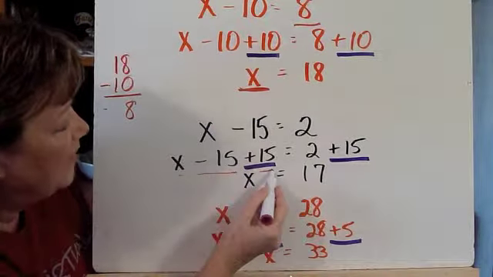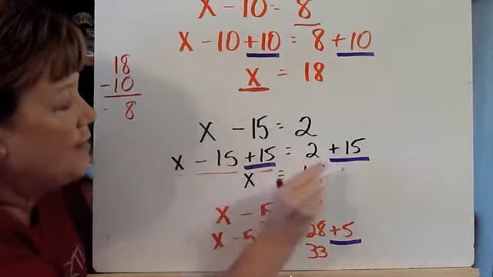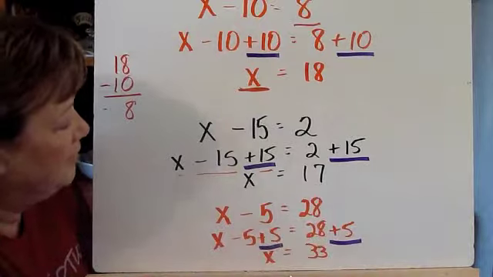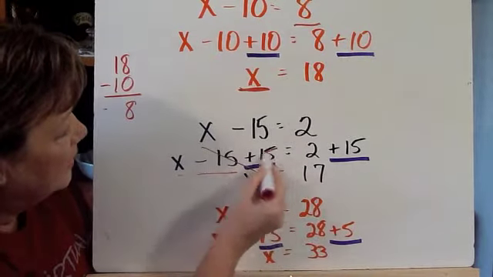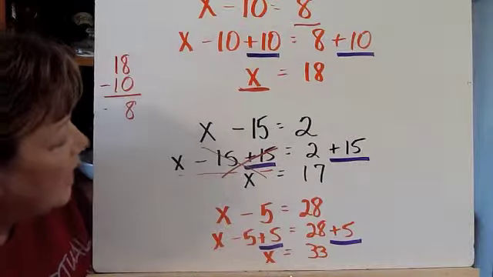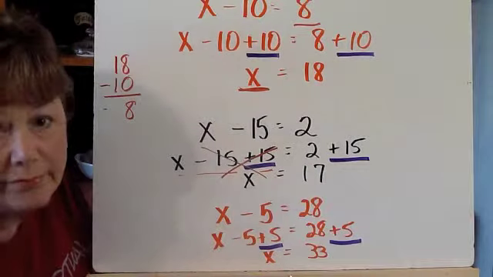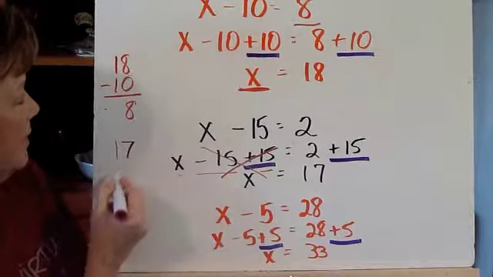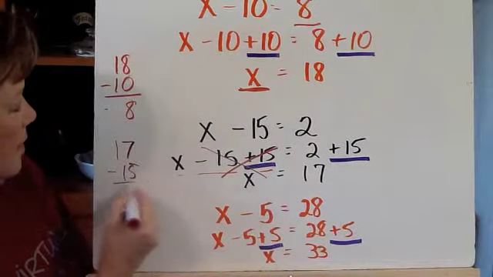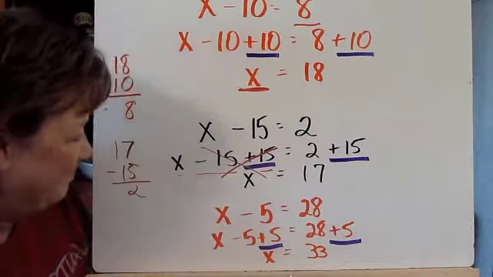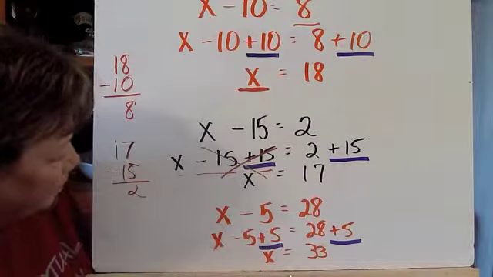I add 15, but if I do it to this side, I must do it to that side. 2 plus 15 is 17. This gets rid of those and leaves me with x. So x equals 17. And I can test it again. Put the 17 in for x, take away 15 equals 2. I did it right.